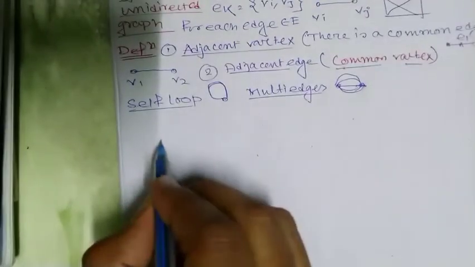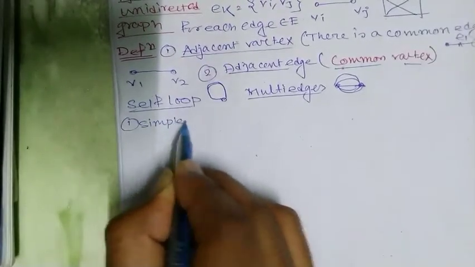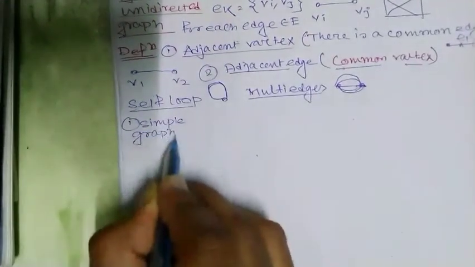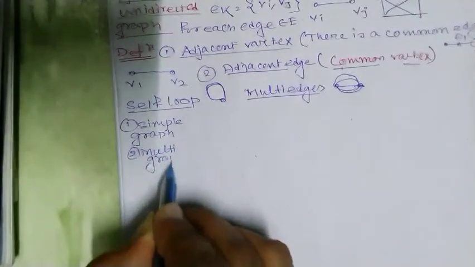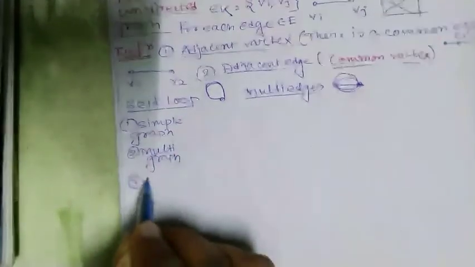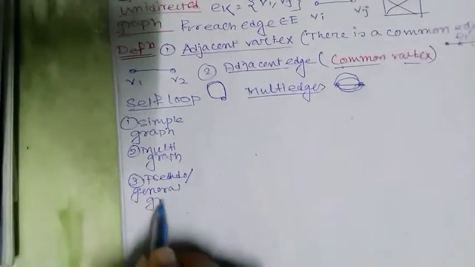After that there are mainly three kinds of graphs: simple graph, multi graph, and pseudo or general graph.